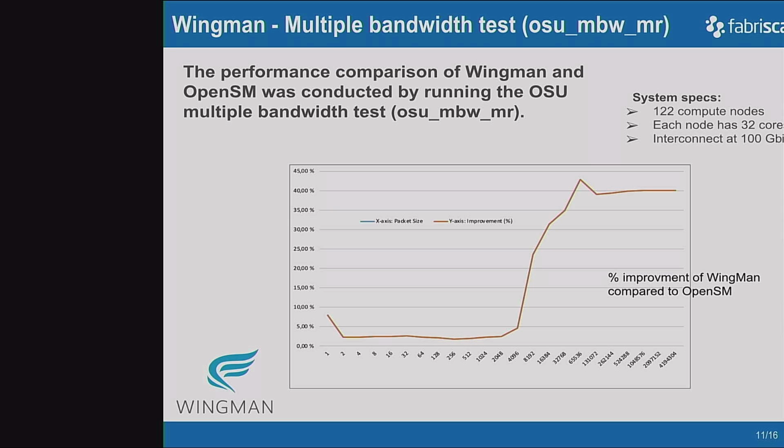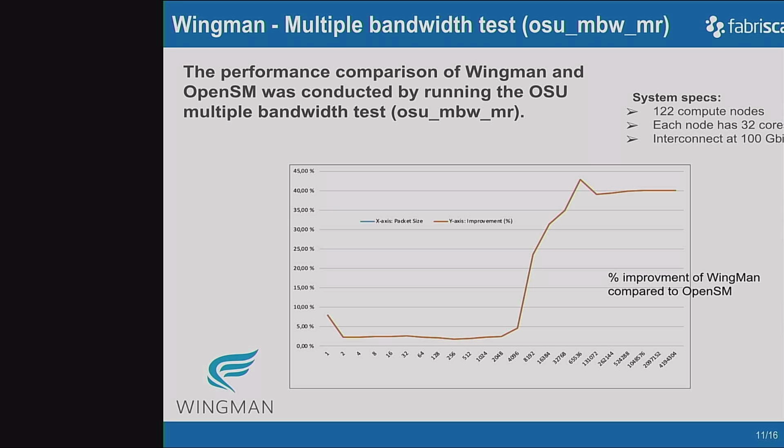We also did an interesting test in Asia on a computer with 122 compute nodes, and this was with EDR and with 32 cores on every computer, and we used the OSU benchmark, all-to-all.